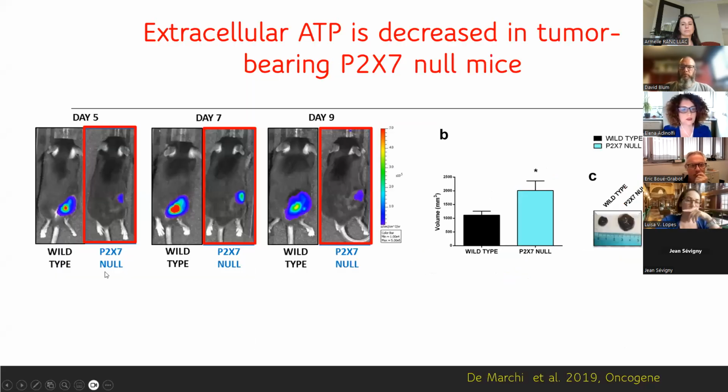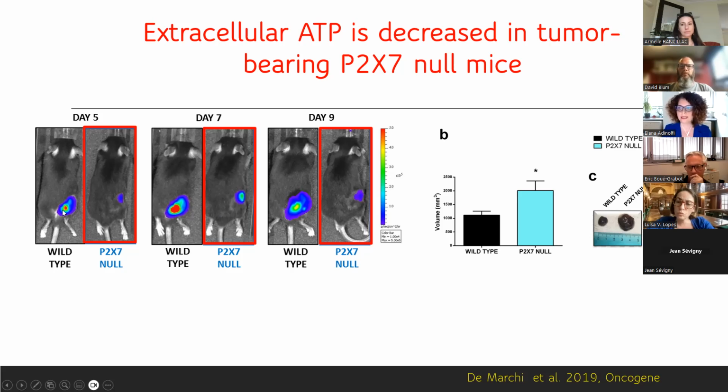So when we transfected our melanoma cells with the pmeLUC and caused by injection cancer formation in the black 6 mouse, we can see that there was a significant reduction of extracellular ATP levels in the P2X7 null mice as compared to the wild type mice.